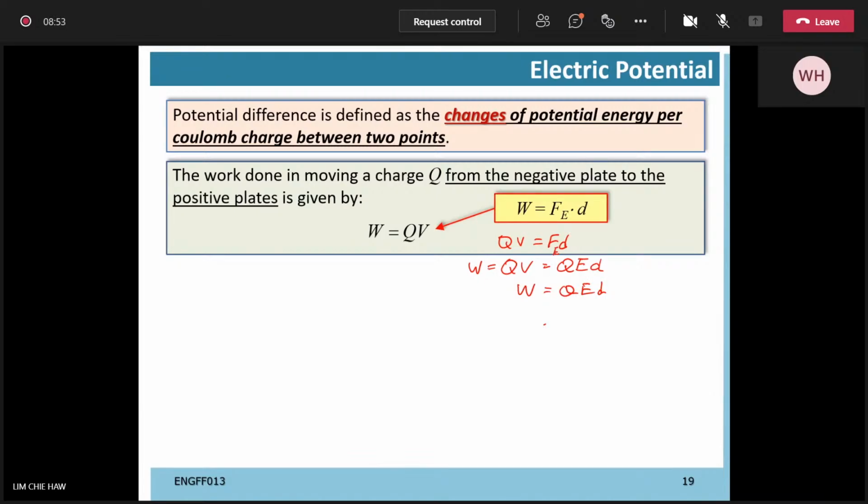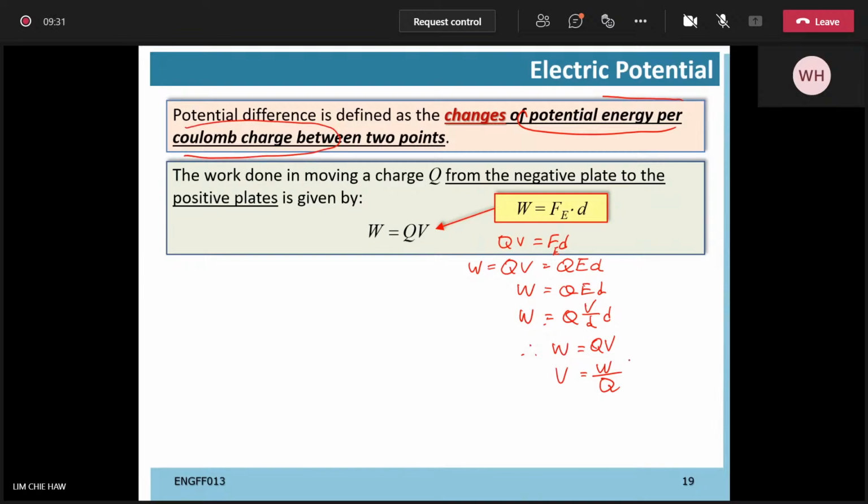Okay, so the E here, we can change it to V over D. Therefore, this is how we get W equals QV, and if we rearrange it, you will see that potential is given by W over Q. This suits our definition here: electric potential energy per unit charge.